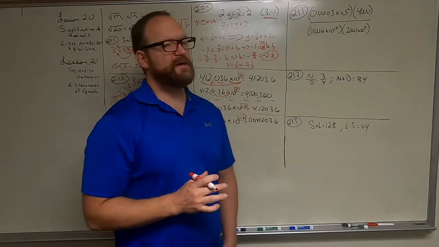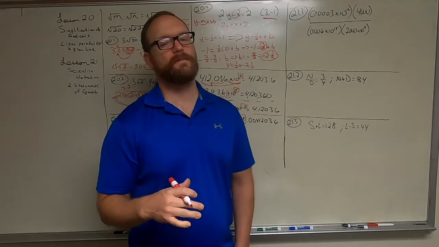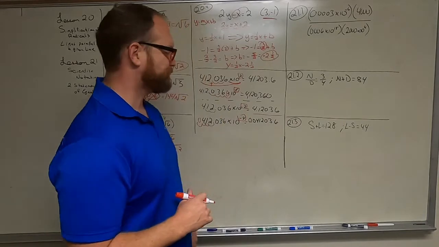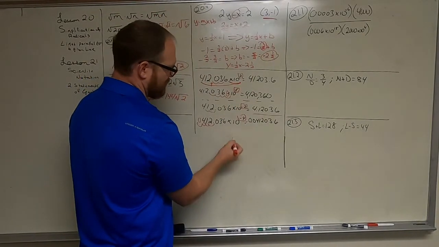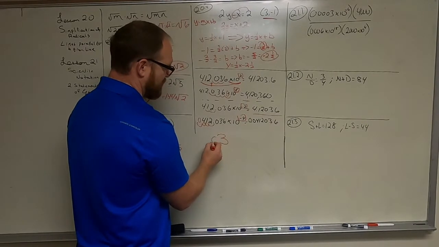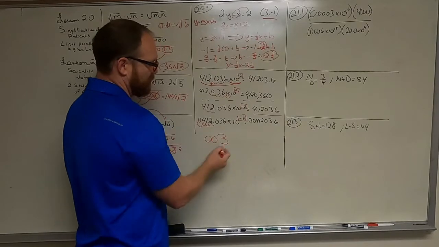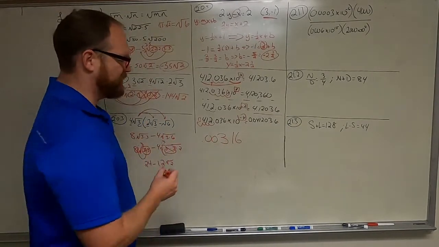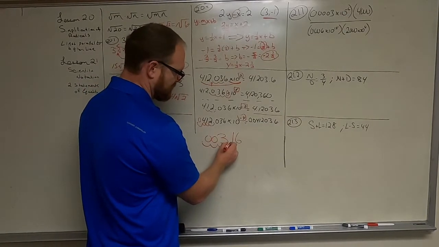Okay, there's something else that we need to understand about scientific notation. Typically, if we have a number 0.00316 and we want to put that into scientific notation, we're going to move it 1, 2, 3 spaces right here.